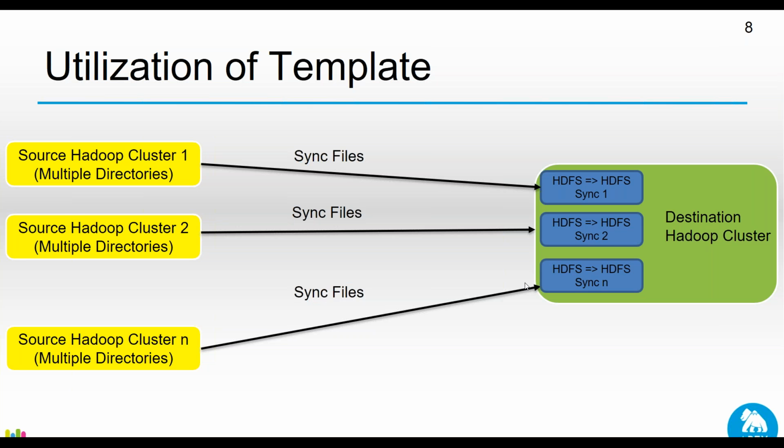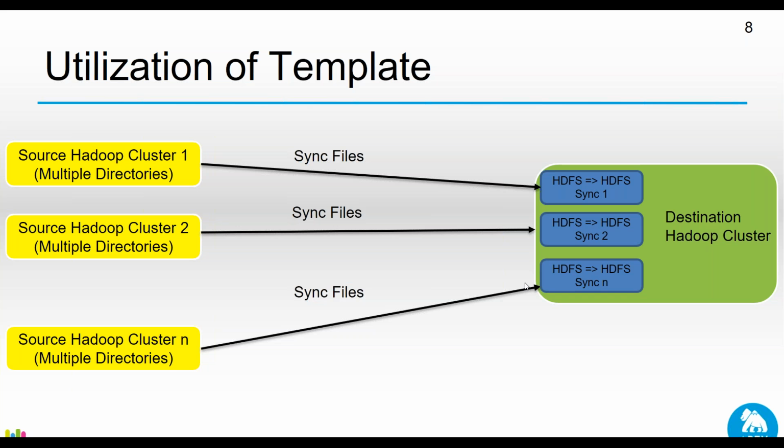So how would this template be utilized? If you look at this particular snapshot, you could sync the destination cluster through multiple source clusters, and for each source cluster you could look at multiple directories and subdirectories, so forth. You have to deploy an instance of this application for each of the source Hadoop clusters.